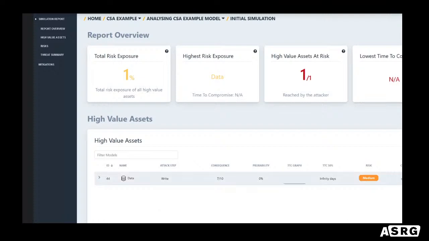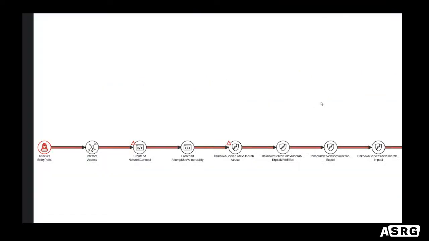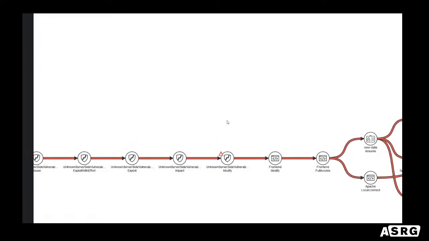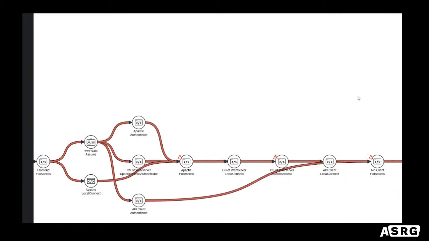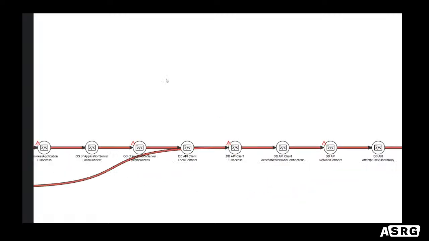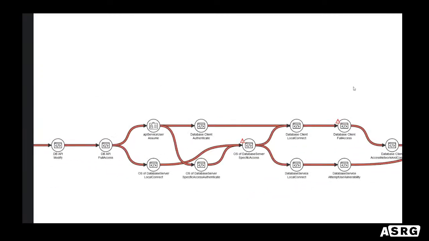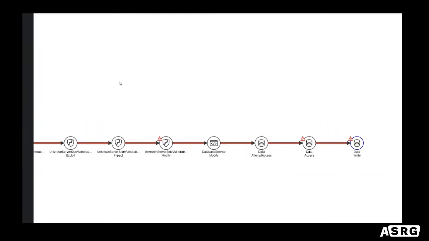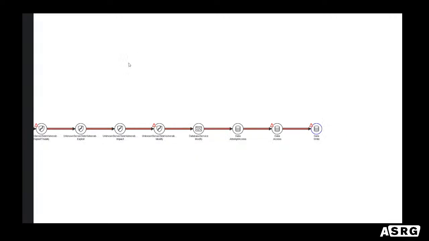And if we check the critical path, we see the path of least resistance from the attacker's entry point and going over to the high value asset on the side. It's quite some bit away. There we go. Here we have the data, which is the final goal of the attacker in this scenario.